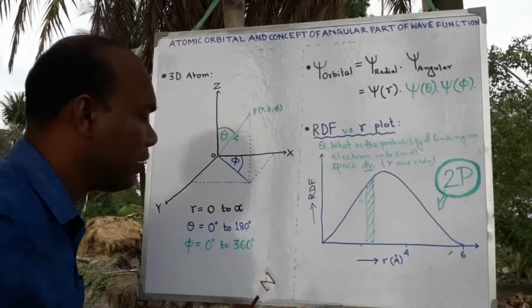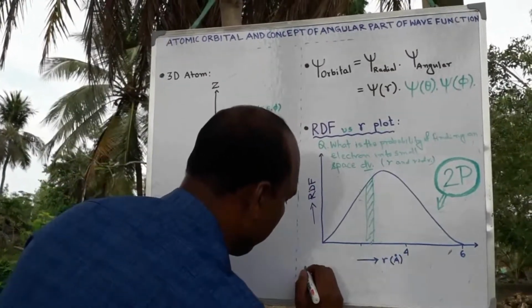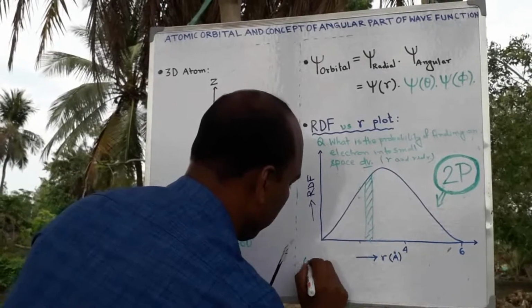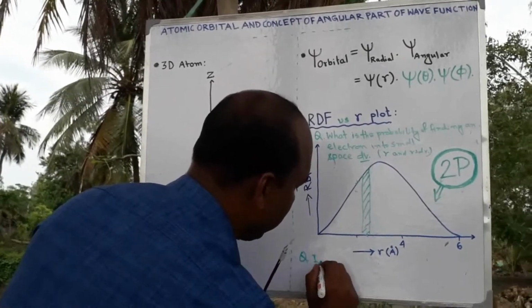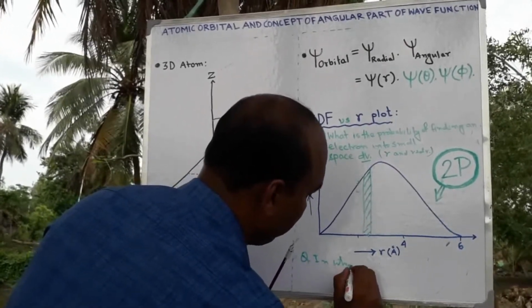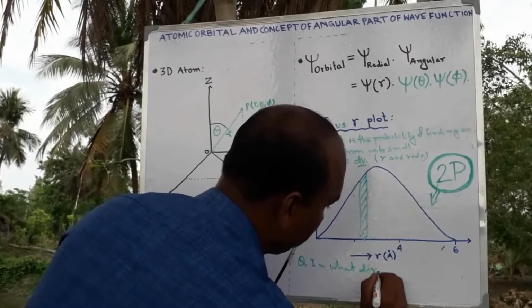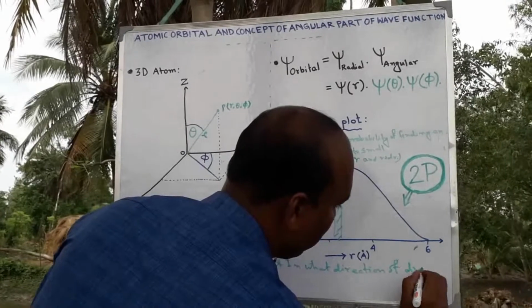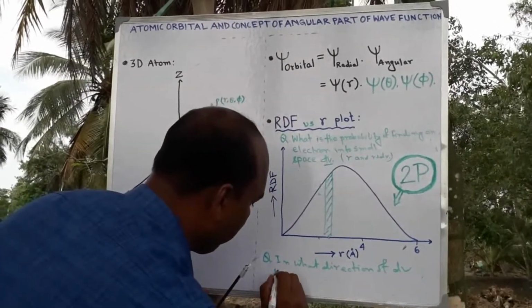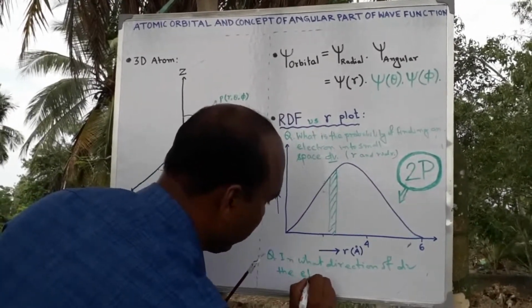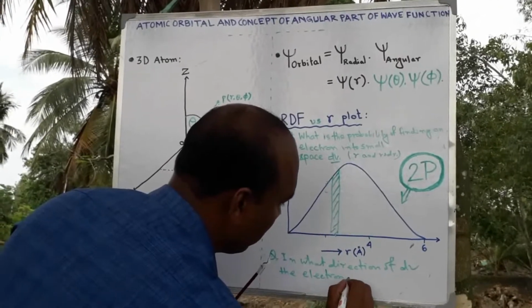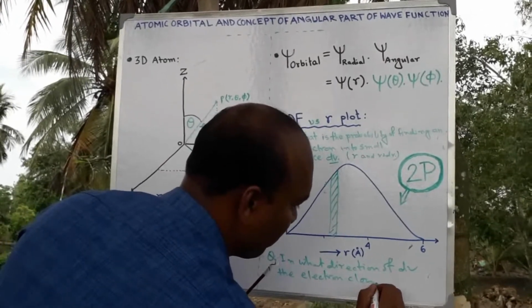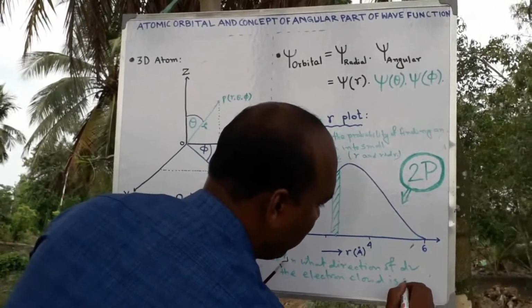That is, your question is, in what direction of dv the electron cloud is available.